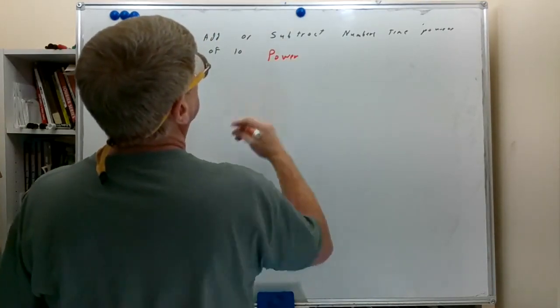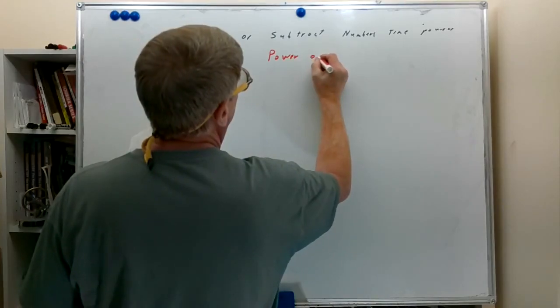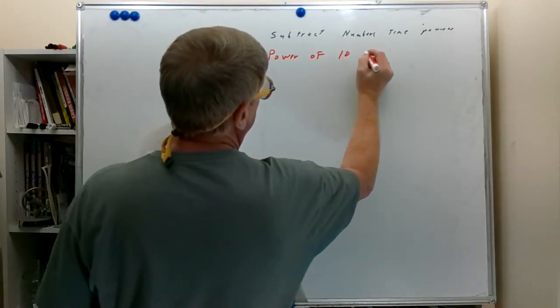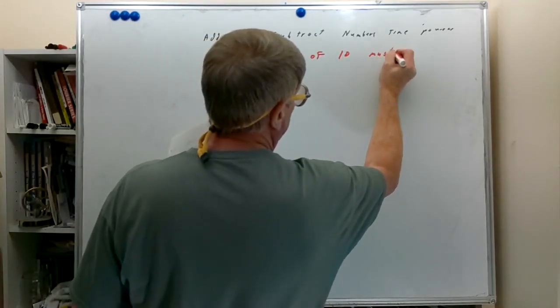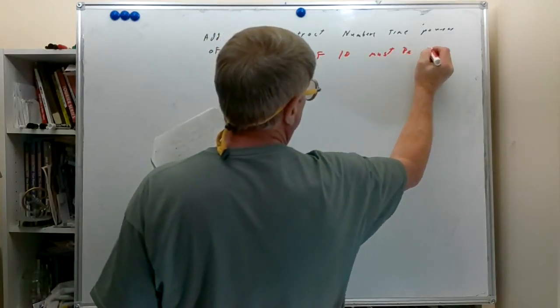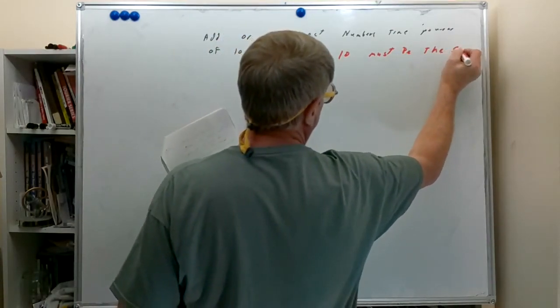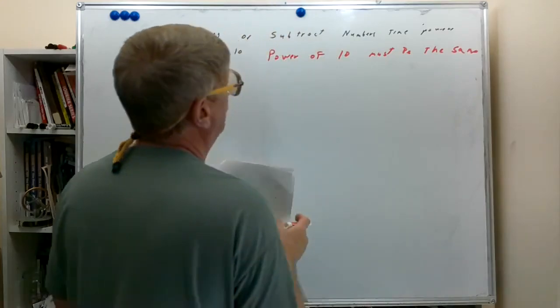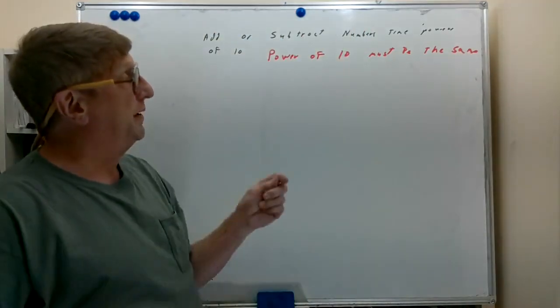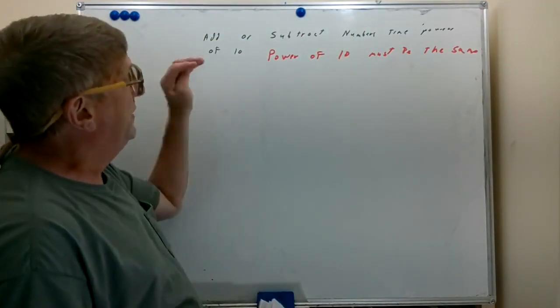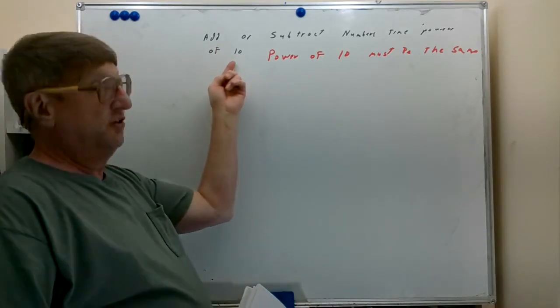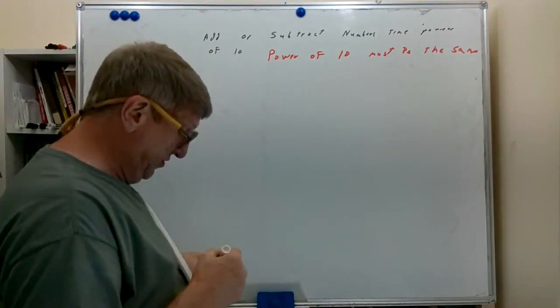So if we're going to subtract two numbers that are multiplied times powers of 10, we need the same exponent, or the same power of 10 in both of them before we do the addition.